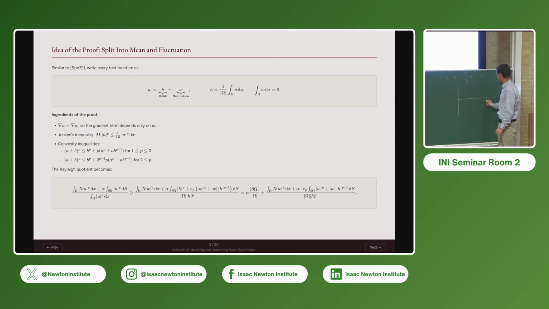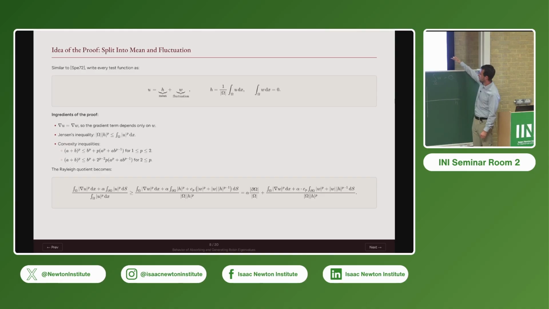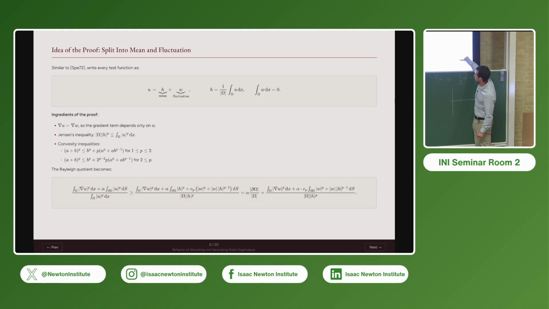When h tends to infinity, obviously this fraction tends to 0 because the denominator behaves as h to the power of p, while the numerator is of order h to the power of p minus 1. Furthermore, alpha is negative, so if h is large enough, then the numerator will become negative as well. So we know that we are negative at some point, and then we are going to 0.